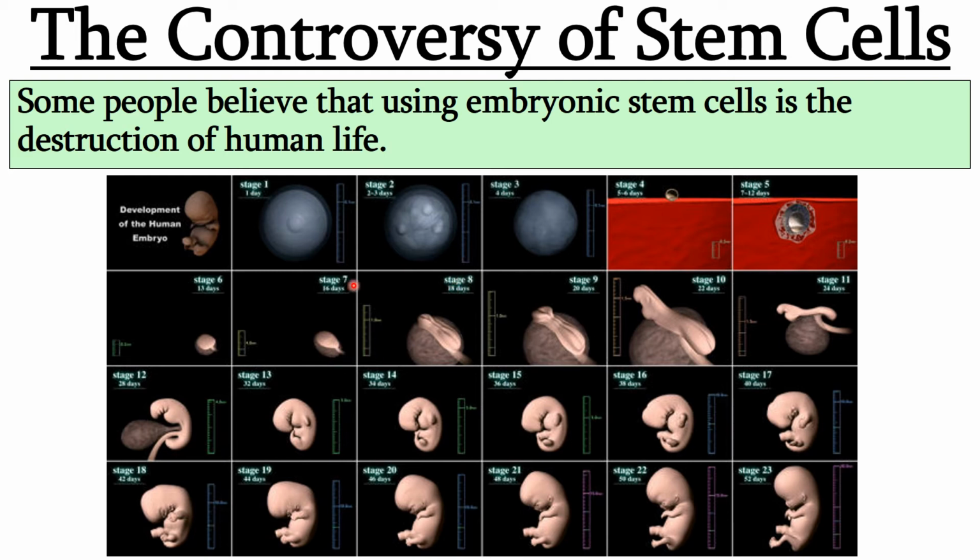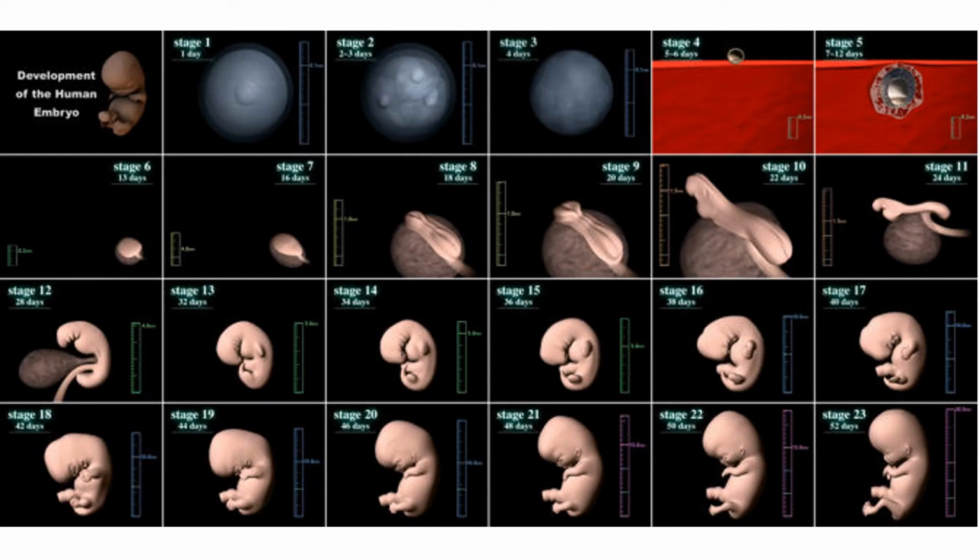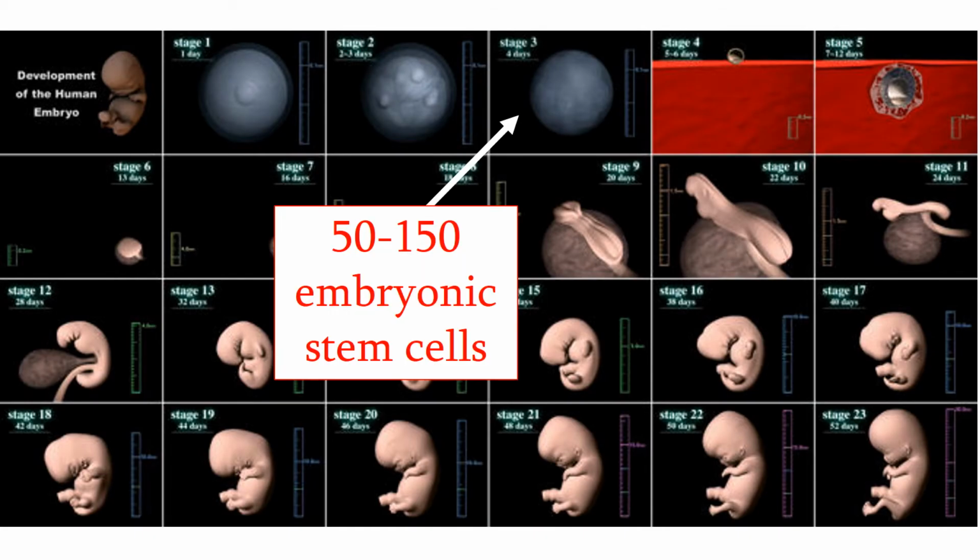So when we're talking about stem cells, we're really back here. So very early on, the first few days after conception. This kind of ball of cells, the very first few days before a woman would know she was pregnant. This is what we're talking about here. At this stage, this is 4 days after the sperm has fertilized the egg.